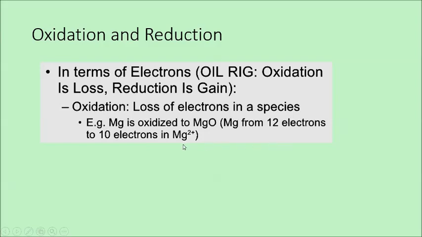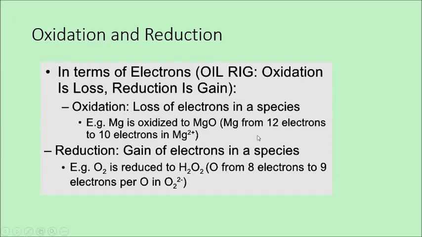When it is getting oxidized to magnesium oxide, 2 electrons are lost. 2 electrons lost means it becomes Mg2+ in MgO. So the loss of electrons is oxidation. Same way, the reduction is the gain of electrons. That is, oxygen is reduced to hydrogen peroxide.